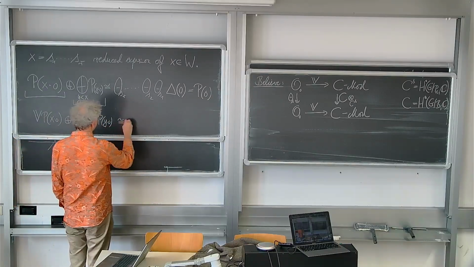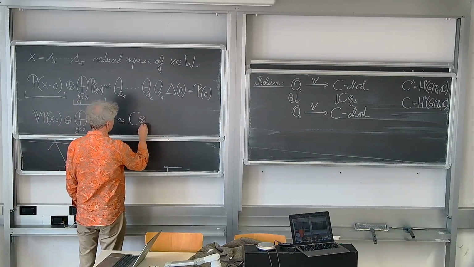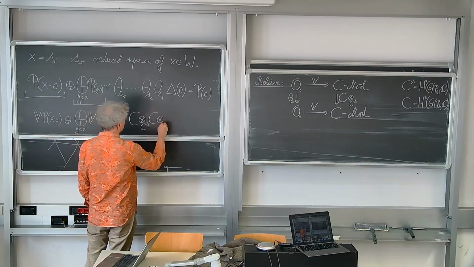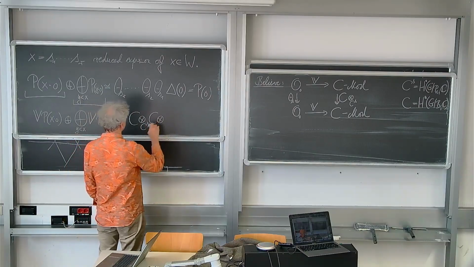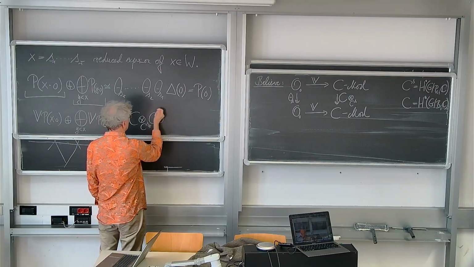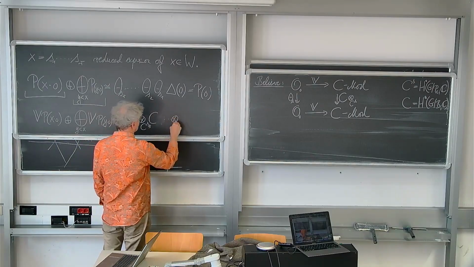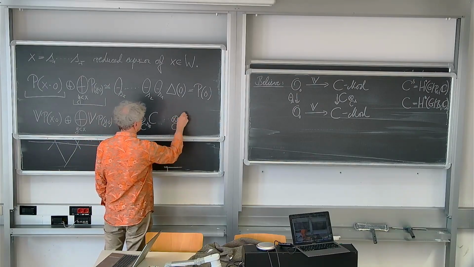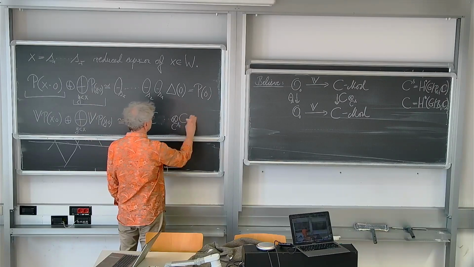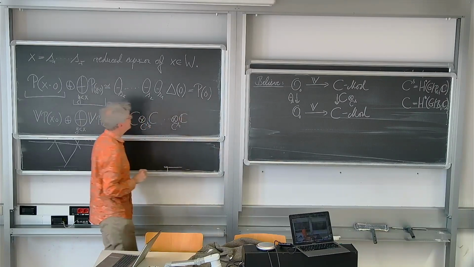This will be isomorphic to C tensor CS1, C tensor CSR, C tensor, and so on, CS1, C tensor, well, you have to take the value here, which is just the one-dimensional object.